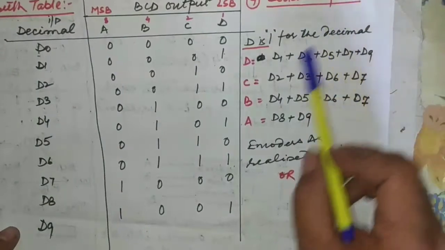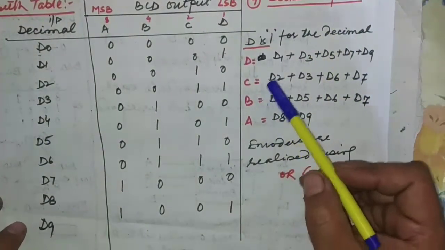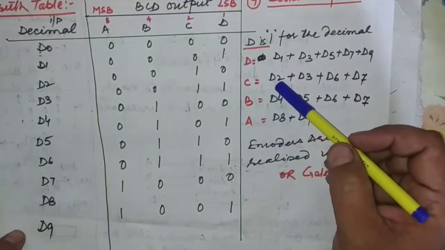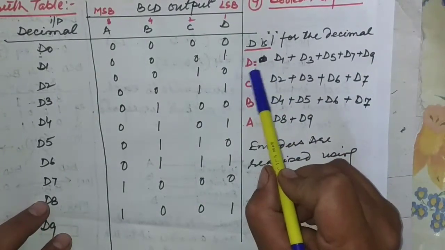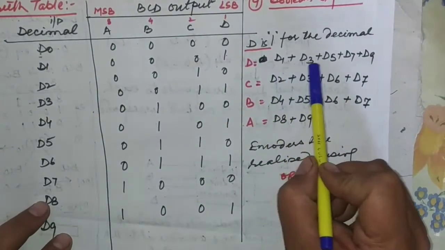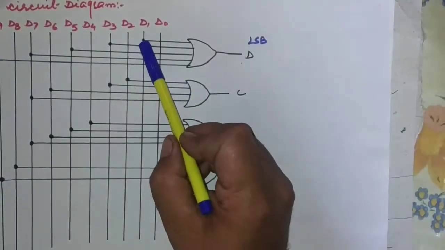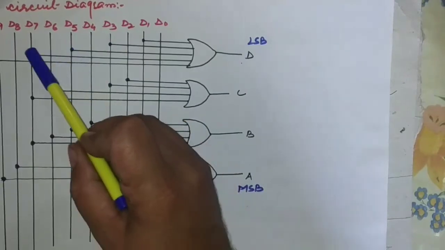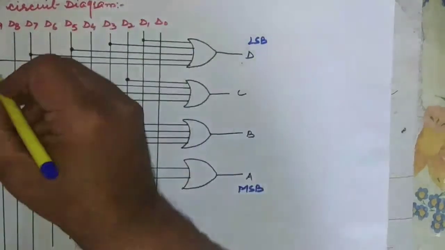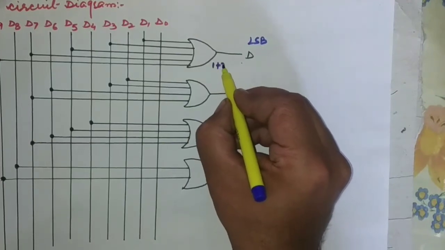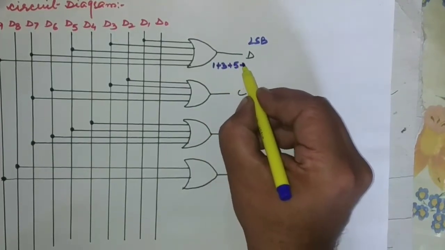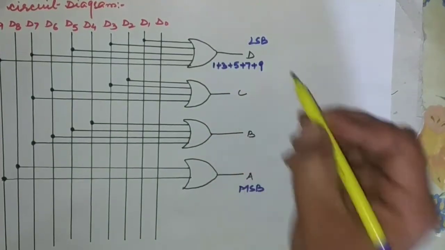Based upon the Boolean expressions for these 4 outputs, the circuit diagram is, for example, for D: D1, 3, 5, 7 and 9. So these are the inputs, meaning 1, 3, 5, 7 and 9.